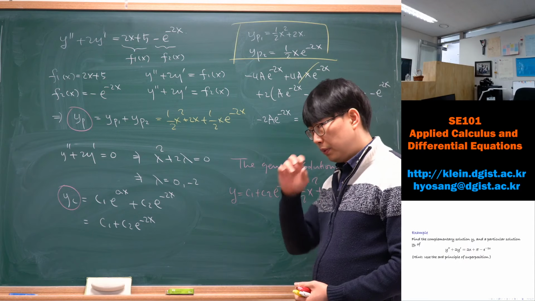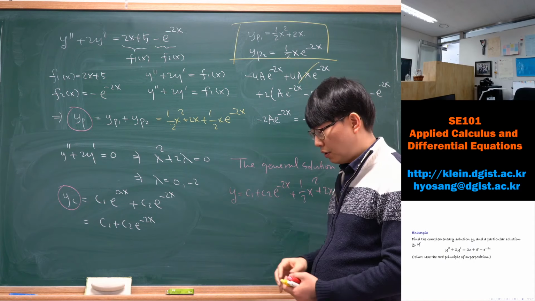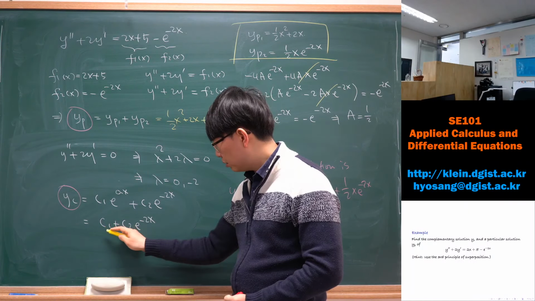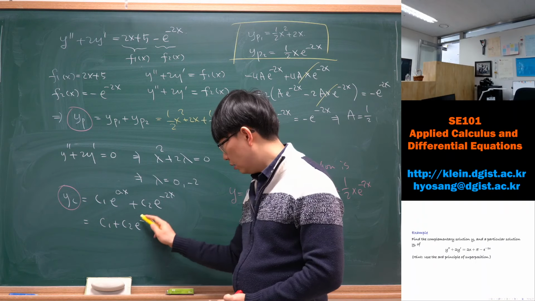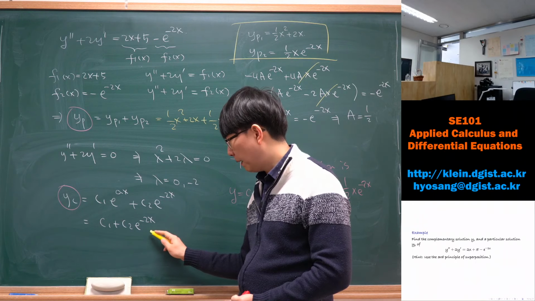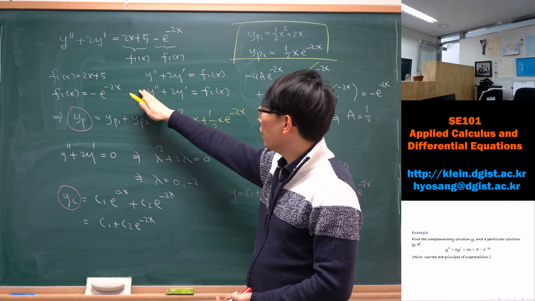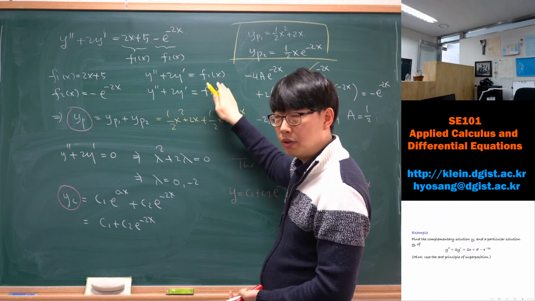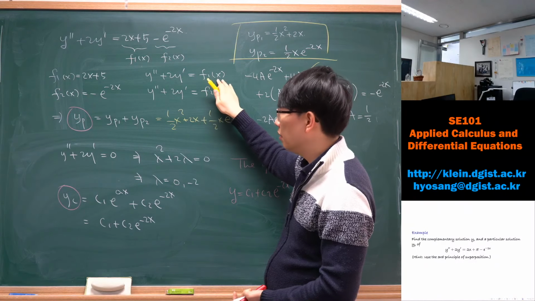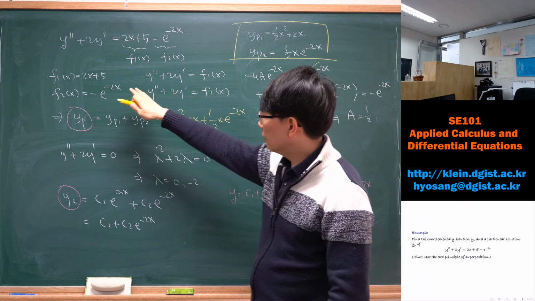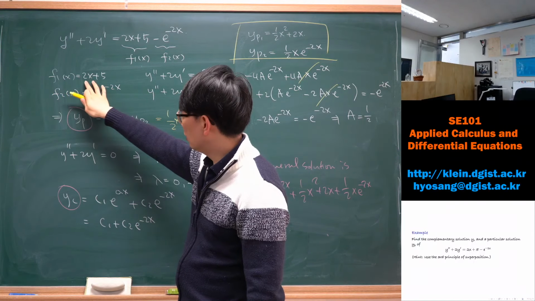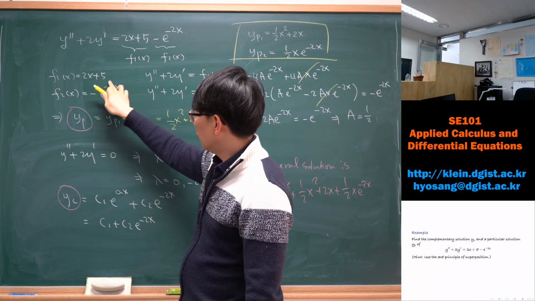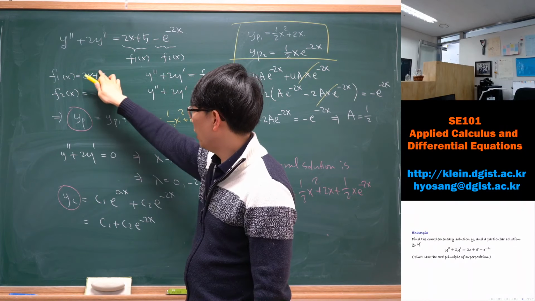This is a side note, but you have to be careful to understand what it means. First, if you're looking at the complementary solution, you have a constant solution and an e to the negative 2x solution here. When I tried to find the particular solution of these two differential equations with non-homogeneous terms, I guessed that my first particular solution is the first degree term here. But you see that the first degree polynomial has a constant term.